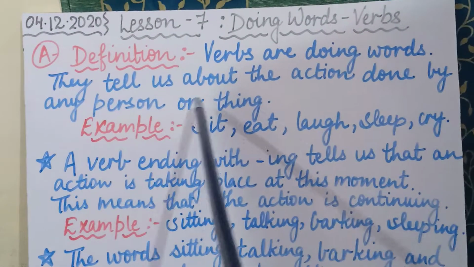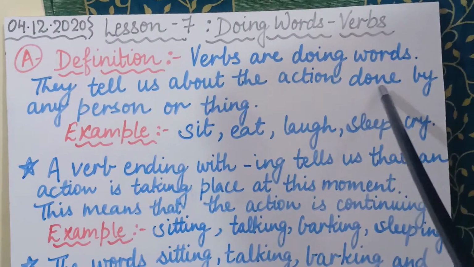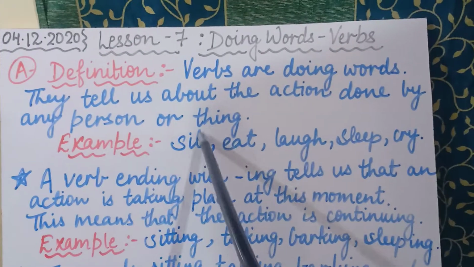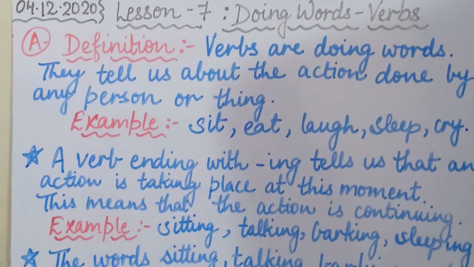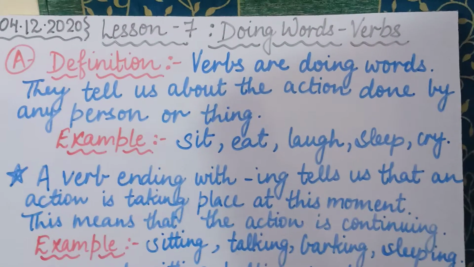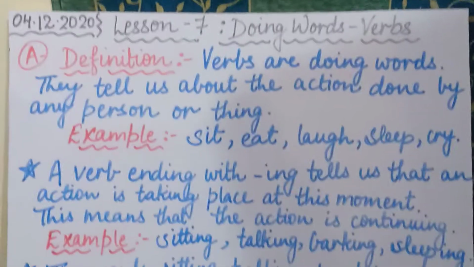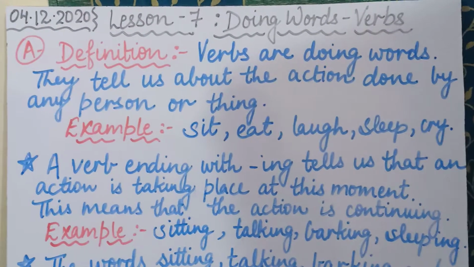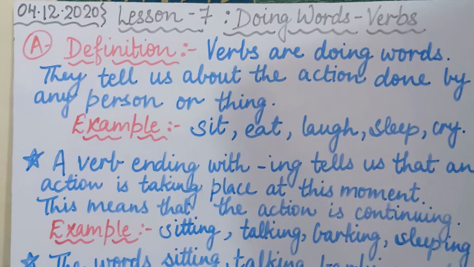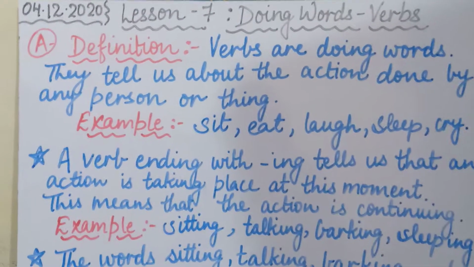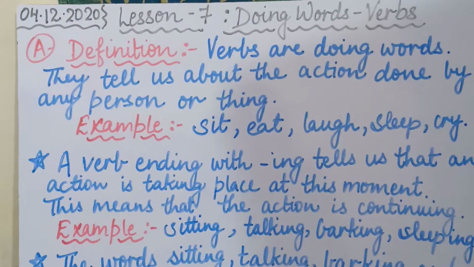They tell us about the action done by any person or thing. Now children, I explained this before also, what are verbs. Verbs क्या होते हैं? Doing words. कोई भी काम करने वाले जो words होते हैं, like if you are writing or you are listening to me, what you are doing, you are listening to me.